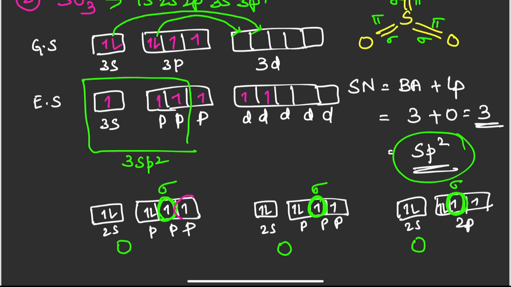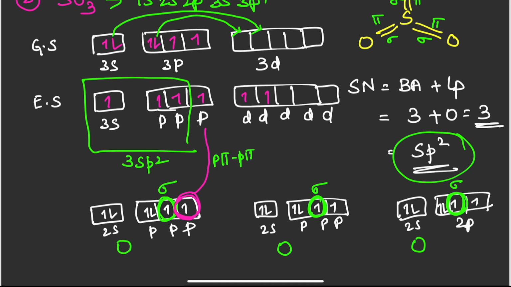Now see here the second electron. The first oxygen will combine with this p orbital. You can see here, p and p result in the formation of a p pi p pi bond.